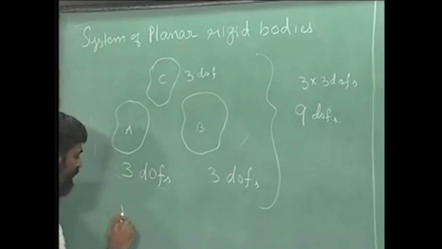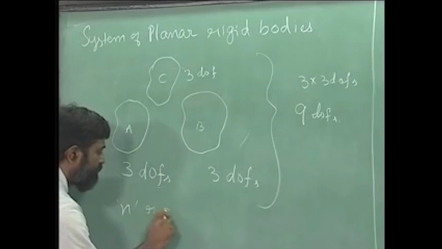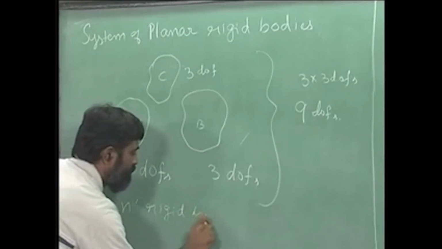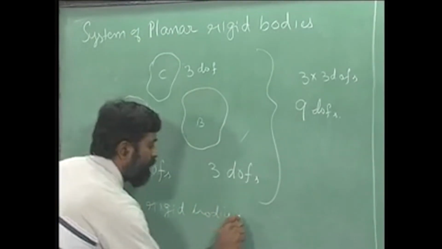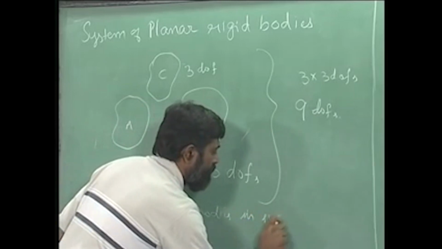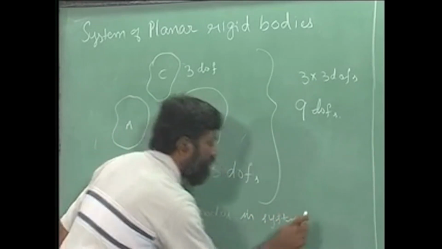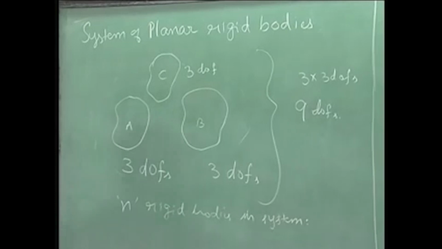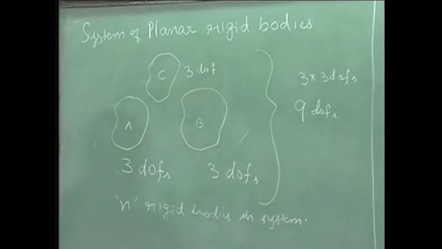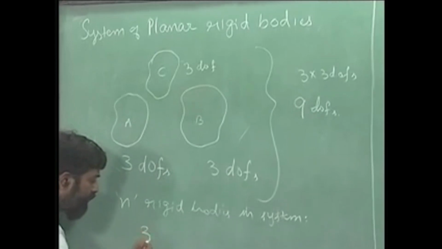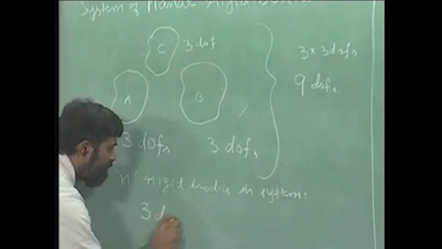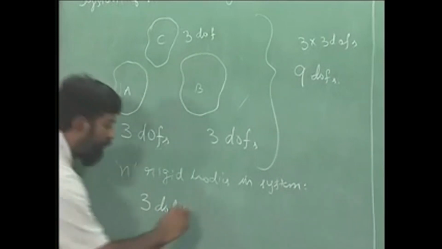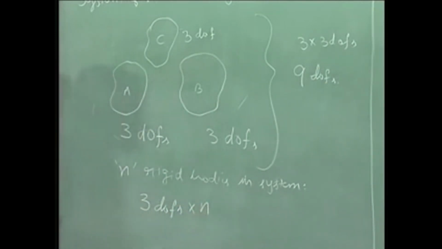Supposing I have n rigid bodies in a system, I am only talking about planar rigid bodies here. Okay. I know that each one of them will have 3 degrees of freedom. I have n rigid bodies which are independent of each other.